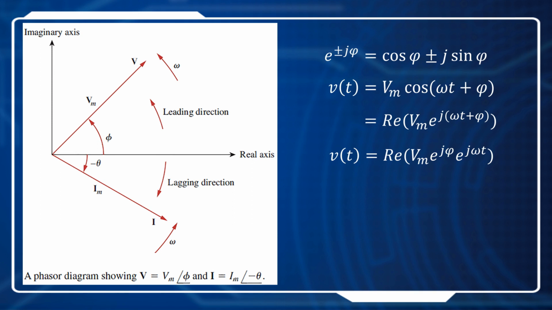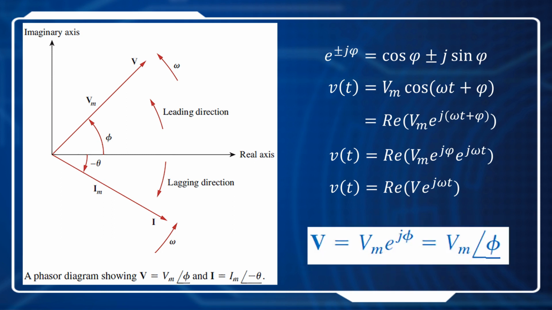And then we define the phasor V as Vm multiplied by e to the j phi power. So the sinusoid v(t) equals the real part of V multiplied by e to the j omega t. So the phasor V equals Vm multiplied by e to the j phi power equals Vm angle phi.